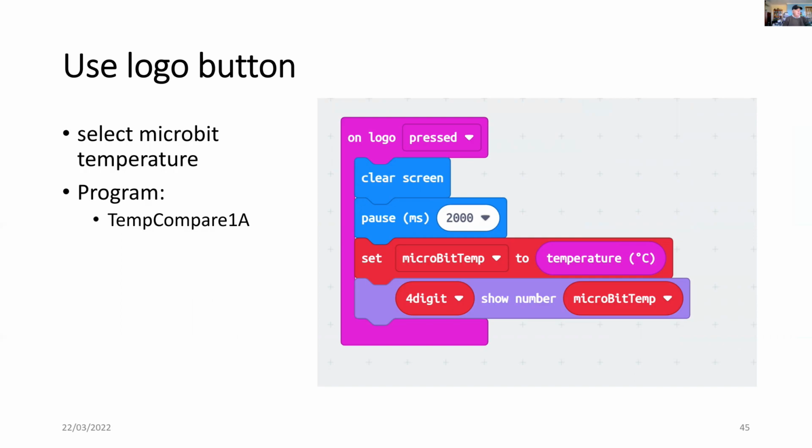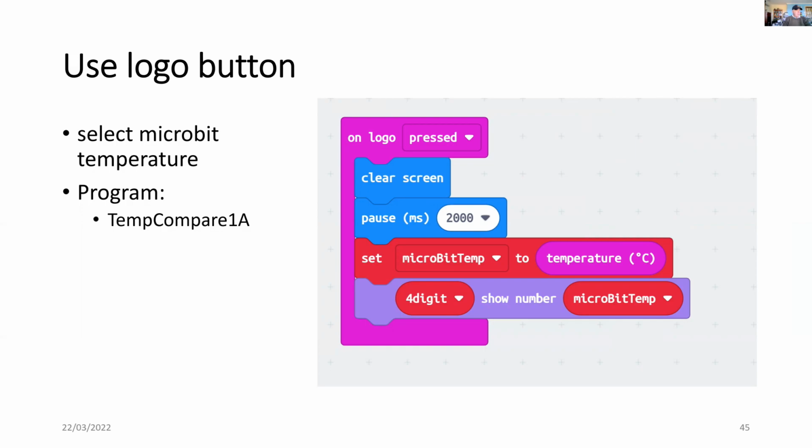You get that by going to the microbit Makecode toolbox, and for version 2, select on logo. When you press that logo, the first thing we do is clear the screen, and the second thing is we pause for 2 minutes.